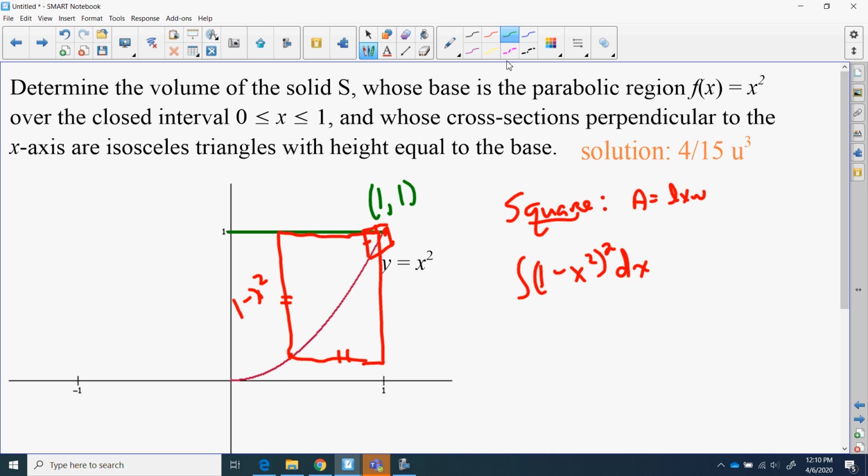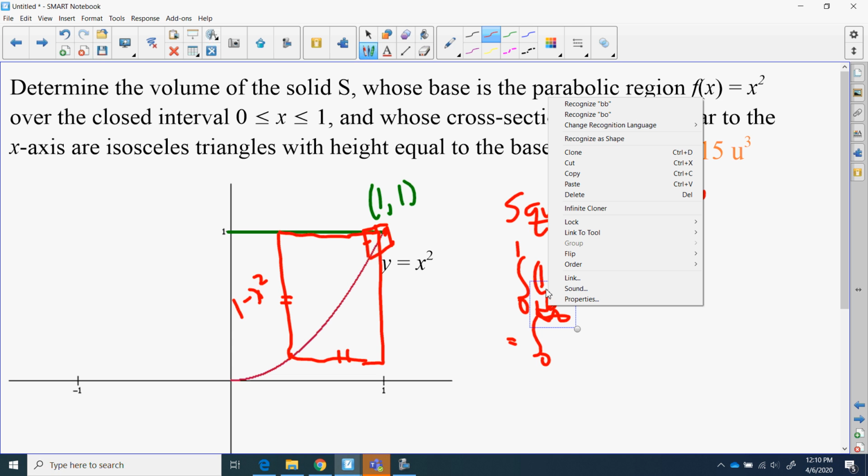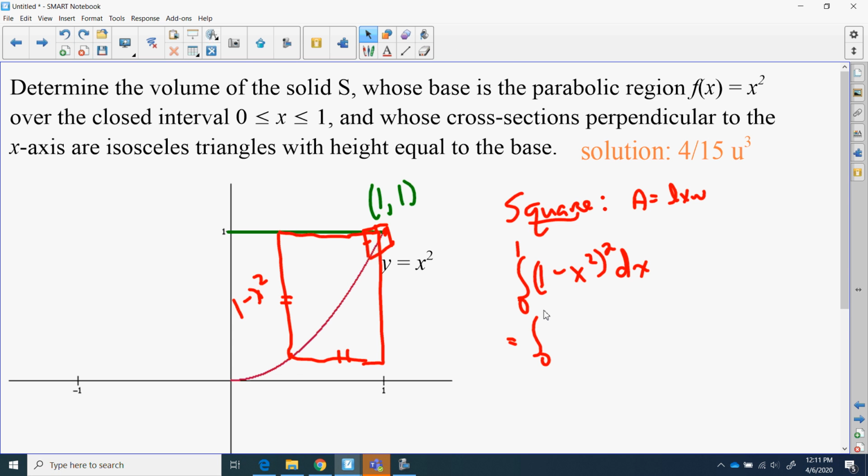So there's your bounds for your integral. They're going to be 0 to 1.